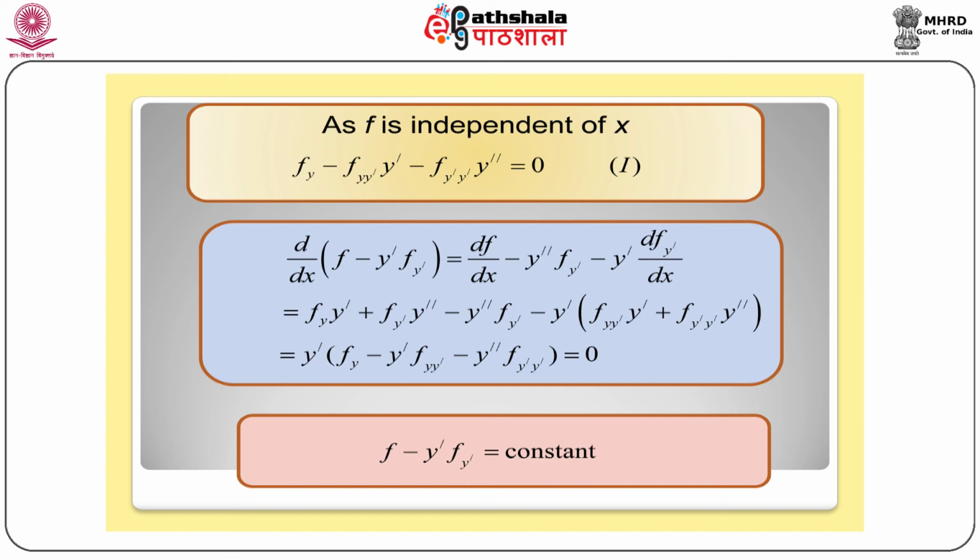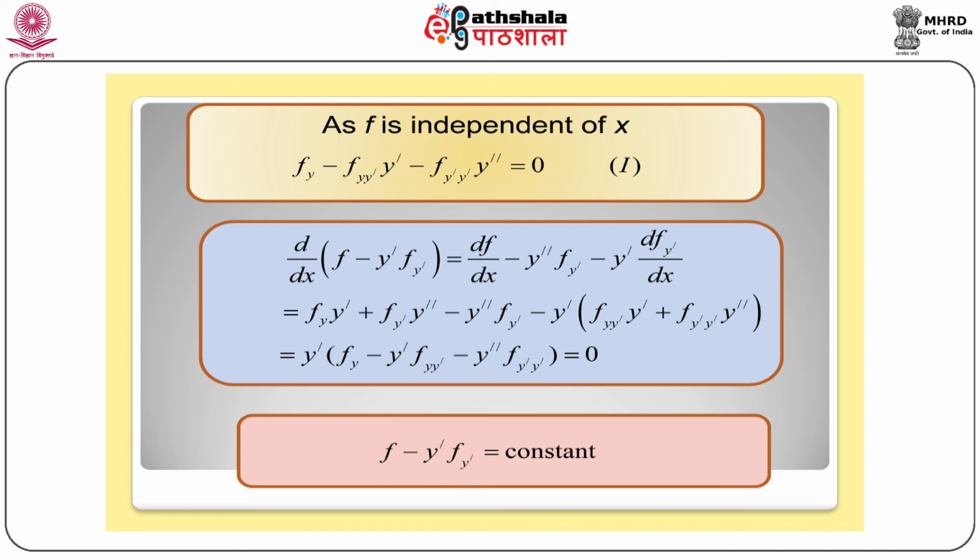That is, if we write the partial derivative of f with respect to y as f suffix y, then we get f_y minus d/dx of f_y' equal to 0. f_y' means partial derivative of f with respect to y'.